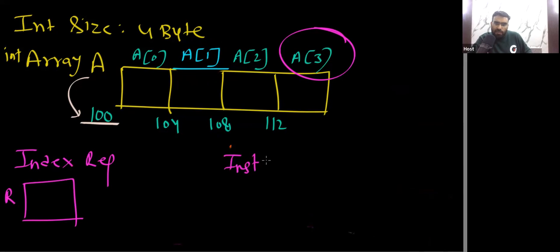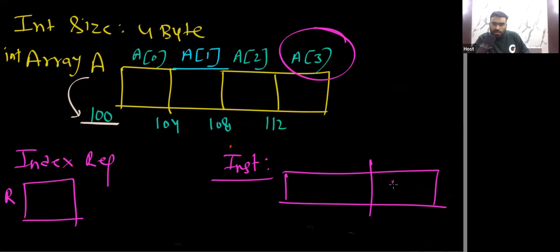My instruction will have the base address, right? In the instruction, there will be the base address. So the index register should have 12, so that I can add these two.